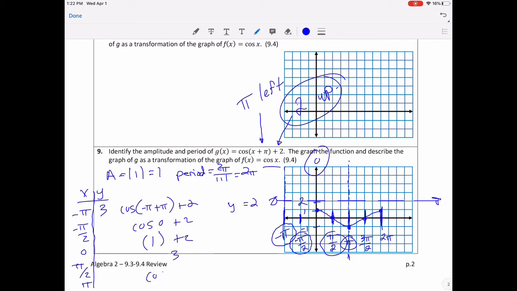All right, the cosine of negative pi halves plus pi, plus 2, which would be the cosine of pi halves, because negative pi halves plus pi is pi halves. Well, the cosine of pi halves, or 90 degrees, the x value there is 0. 0 plus 2 is 2.